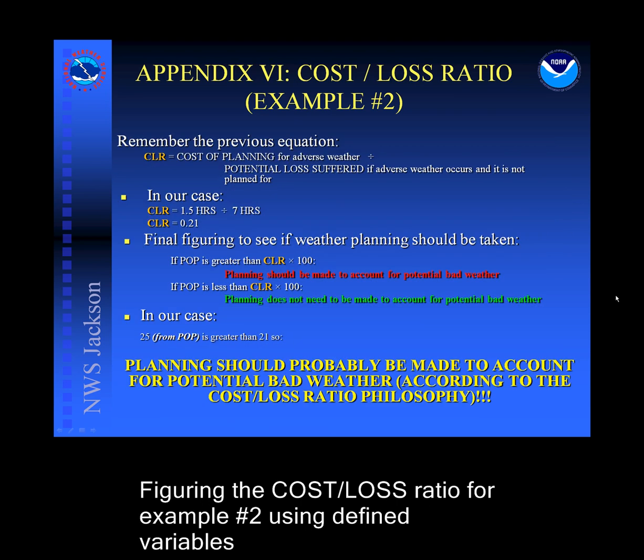So, going through the math, in our case, the cost-to-loss ratio equals 1.5 hours divided by 7 hours, which equals 0.21. So the final figuring to see if weather planning should be taken: the 25 from the POP is greater than the CLR times 100, which is 21.